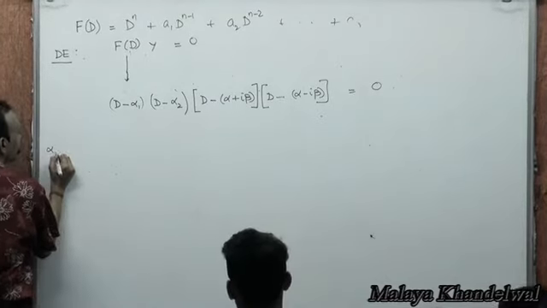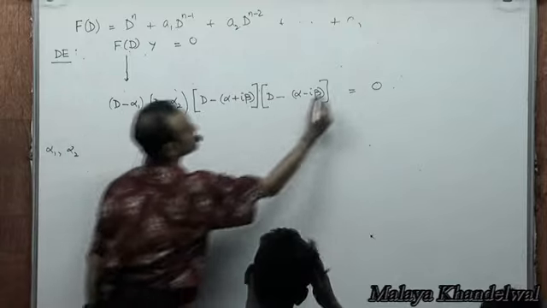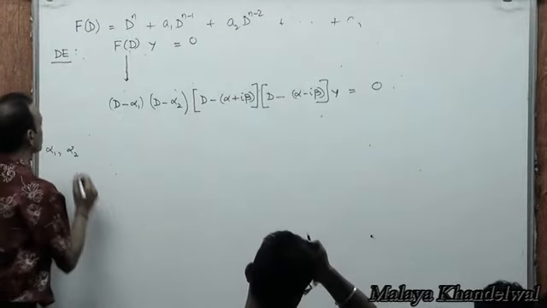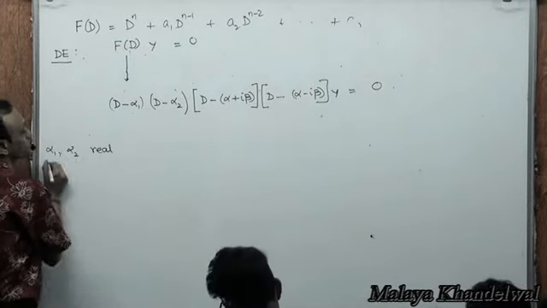Alpha 1, alpha 2 are real numbers. Alpha and beta are real numbers.